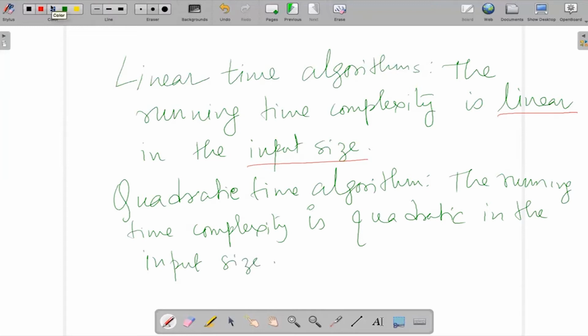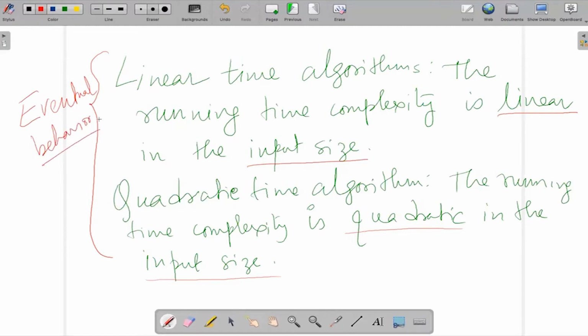So while for a linear time algorithm the running time complexity is linear in the input size, for a quadratic time algorithm the running time complexity is quadratic in the input size. And in all complexity analysis, we are interested in studying the eventual behavior. We will see this in a moment with an example.